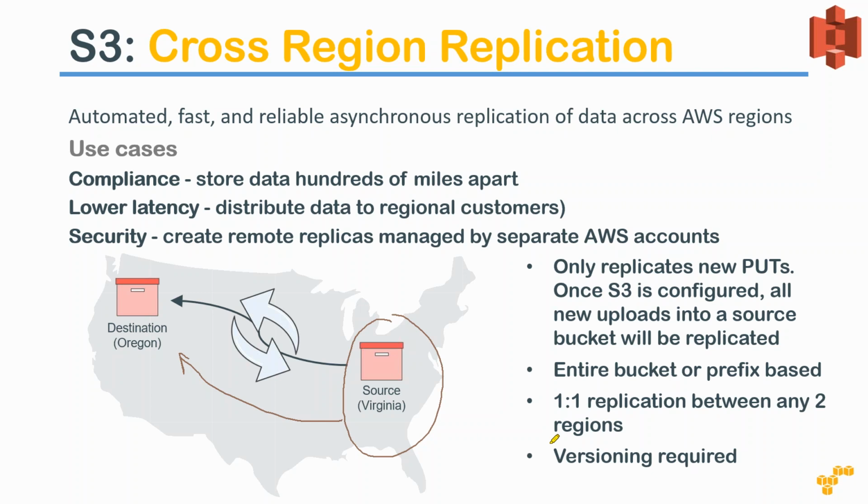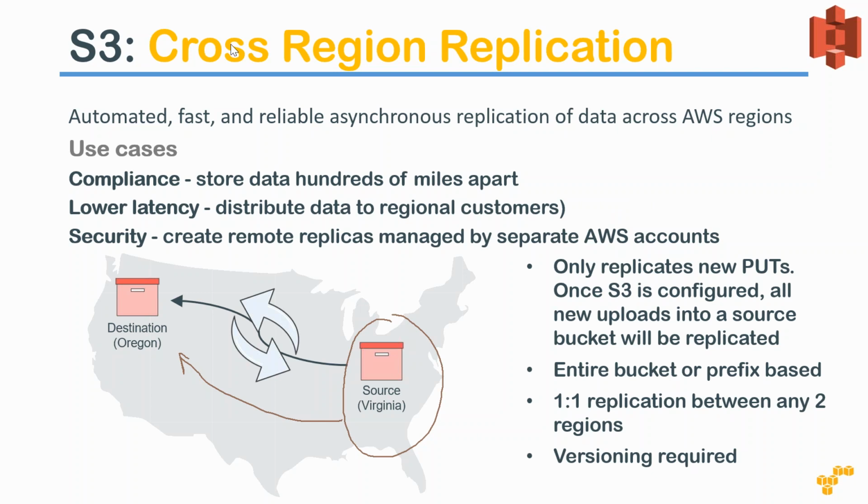But now we have enabled it, and you add another 10 objects, you can expect those 10 objects to be in your destination, not the 1,010 objects totally. So that is one important thing that you need to remember, because sometimes I have had people saying that I enabled cross-region replication, though it is not replicating my data which is in my bucket. It doesn't work on already existing objects. It works only on the newly added objects.